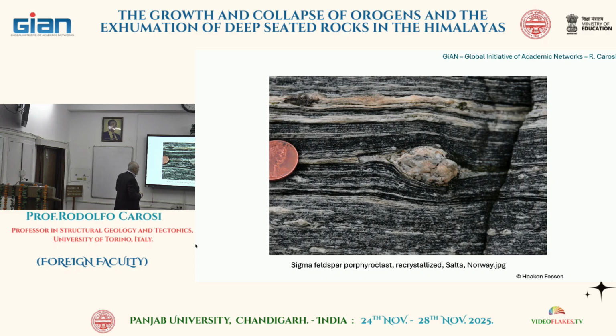This is a beautiful Norway porphyroclast. You can see beautiful tails here. They become thicker in this part, then move in the upper part. This is a sigma type porphyroclast with sense of shear, dextral, sinistral.